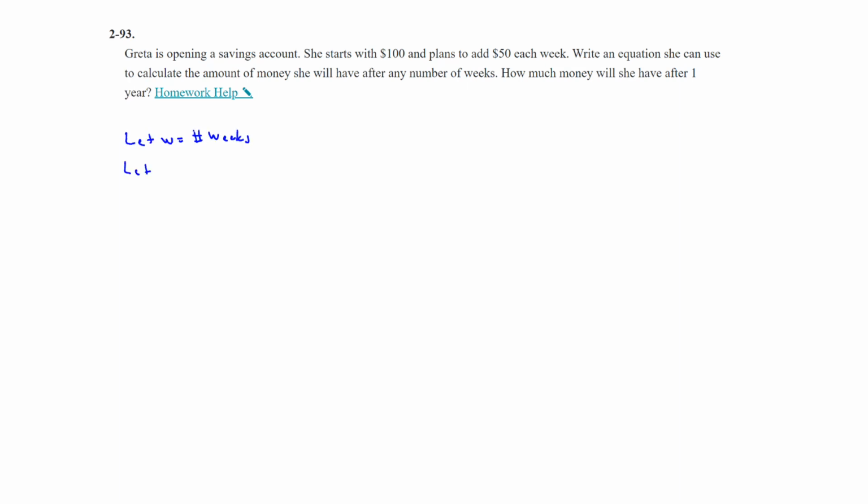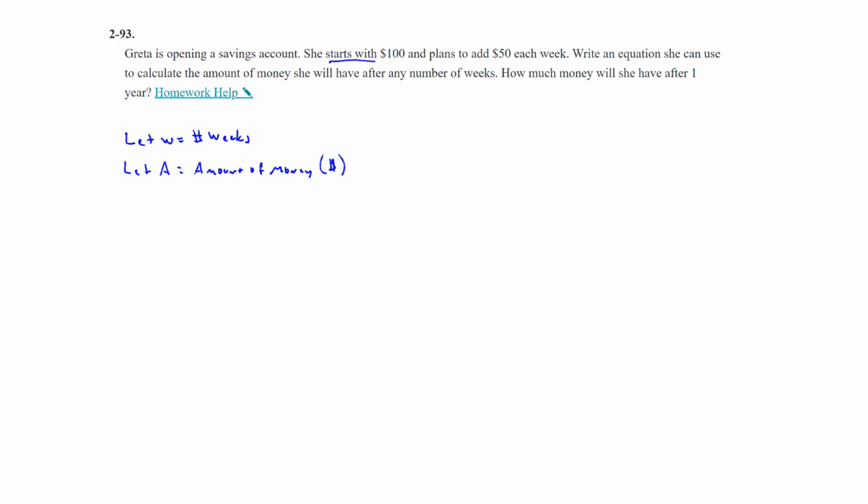And then we also need another variable in terms of how much money she has. So let's go ahead and let A equal the amount of money, and that is measured in dollars.